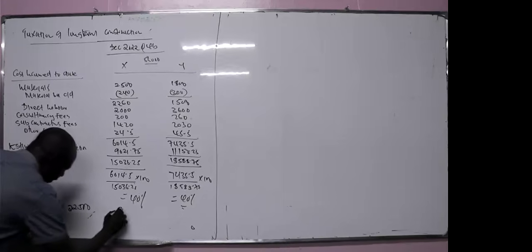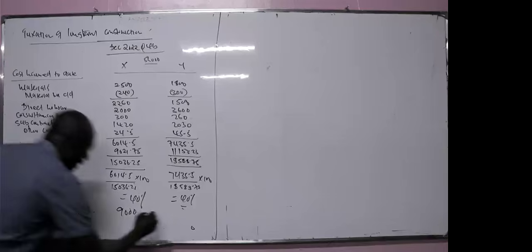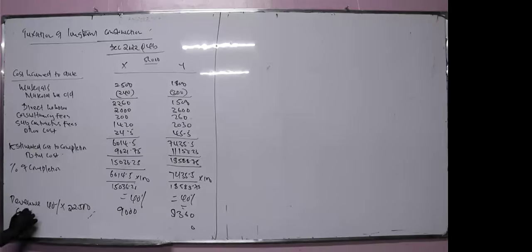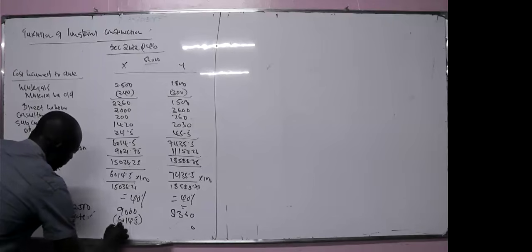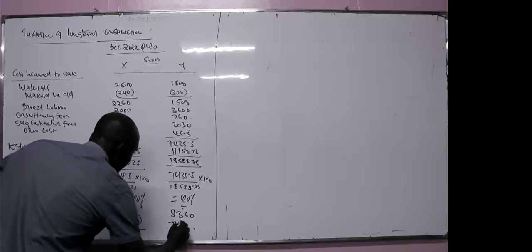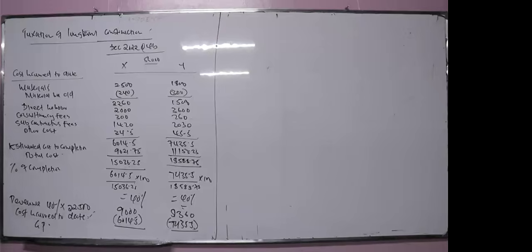This one is 9,000, and the other one, 40% of 20,900, is 83.60. Then we less cost incurred to date. Cost incurred to date. This is 6014.5. This one is 74.35.